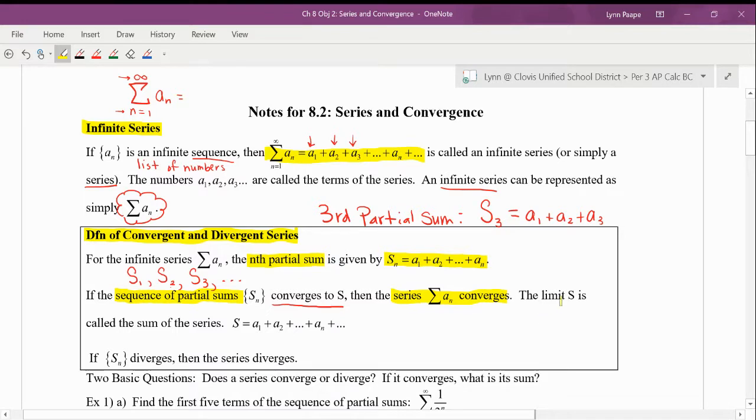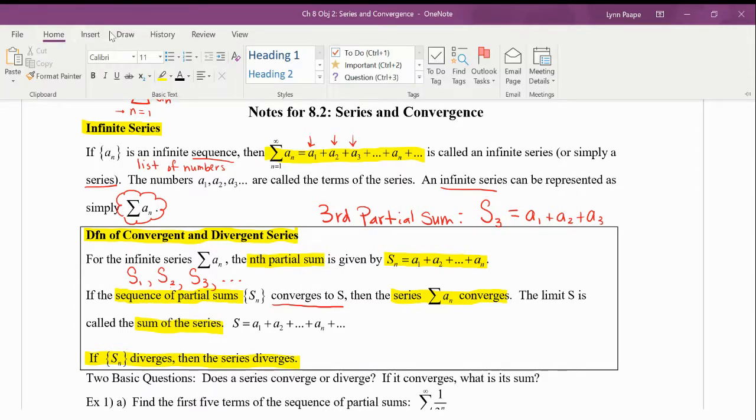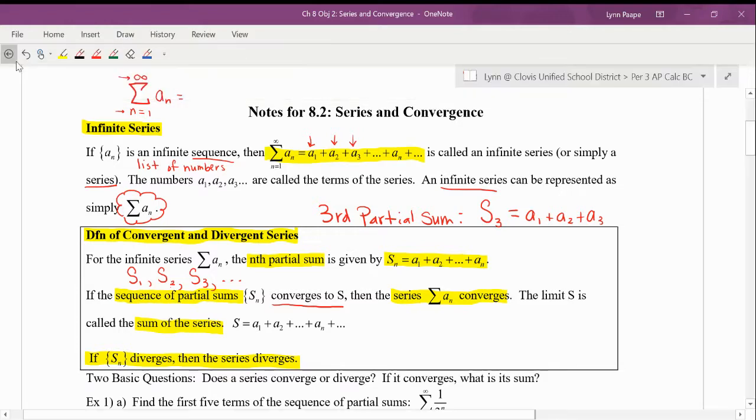And then that limit value that we found is actually the sum of the series. And if the sequence of partial sums diverges, then our series diverges. That's a lot to think about. All right, so moving on. We'll address that, and hopefully it will make a little bit more sense here in just a second.